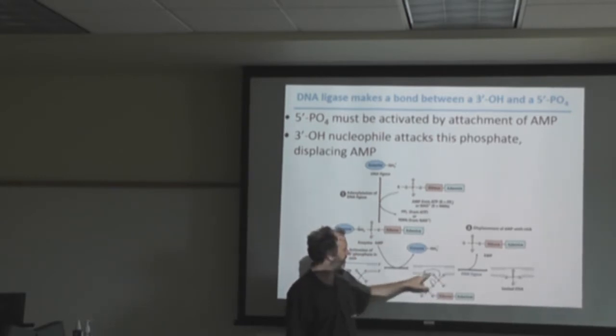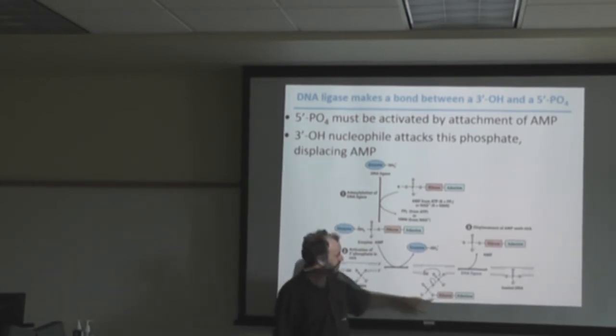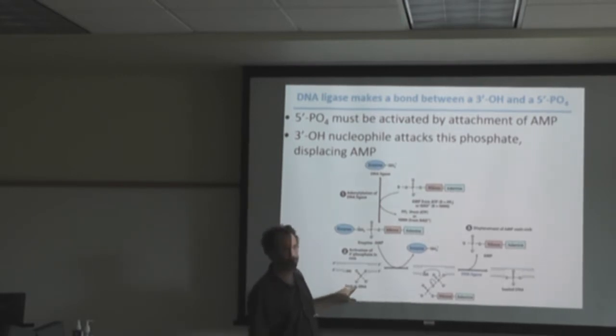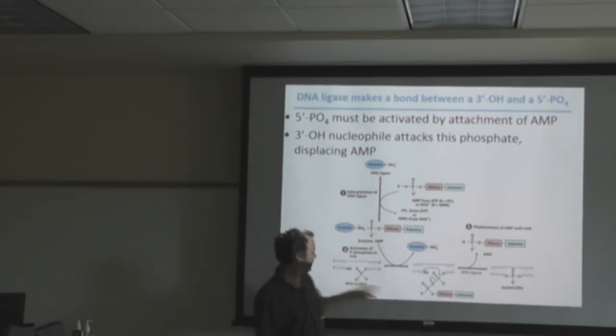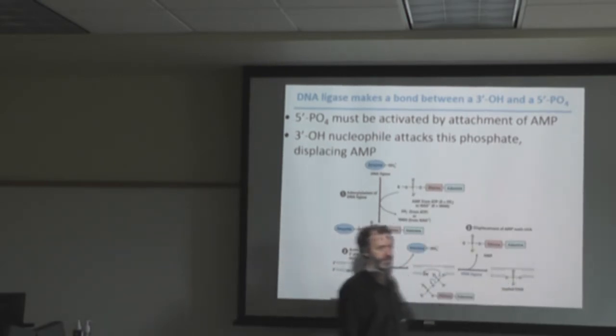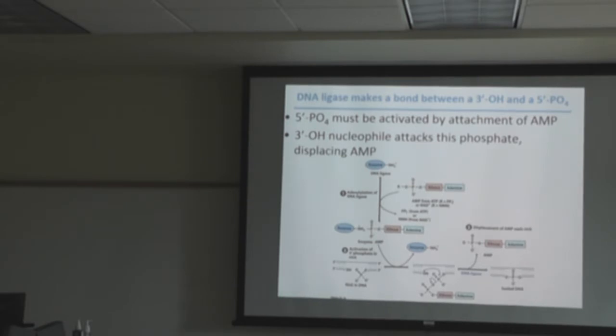This 3' group attacks the phosphate that was originally there, and this AMP makes a great leaving group, better than the water or hydroxide that would have left before if you didn't have the AMP added, and basically seals that nick. So you have the 3' to 5' phosphodiester bond there, sealing the nick.